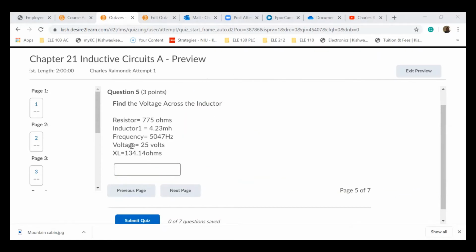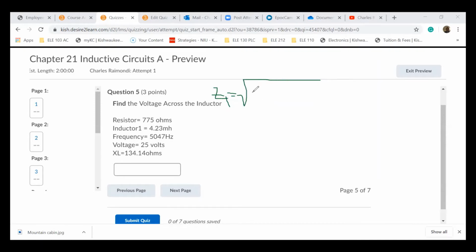Voltage across the inductor. I'm going to use the voltage divider rule on this. The only thing we need to find is Z total, because we have the resistor and the inductor. Let's do Z total first, your impedance total.